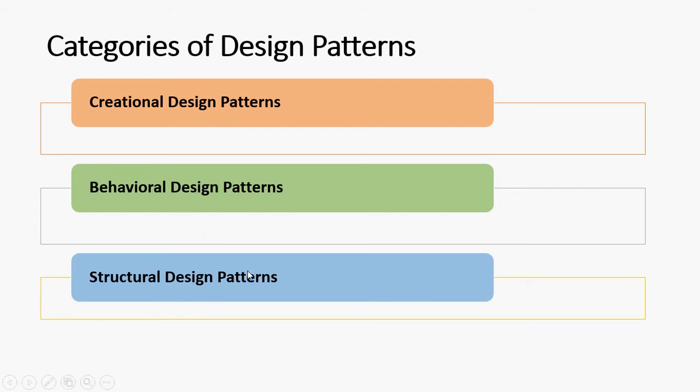The third one is the structural design pattern, which is concerned with object composition and typically identifies simpler ways to realize relationships between different objects. They help to ensure that when one part of a system changes, the entire structure of the system does not need to change.